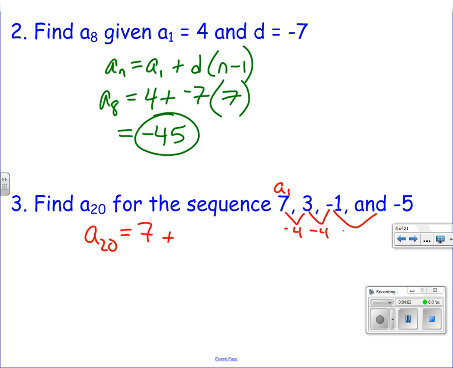So, it's going by negative 4. So, that's your D. And, Gabriel, what's your N? Very good. N is 20, and she went ahead and did 20 minus 1. Okay? Guys, what do you do next? Type in your calculator. Okay. Questions on those two?